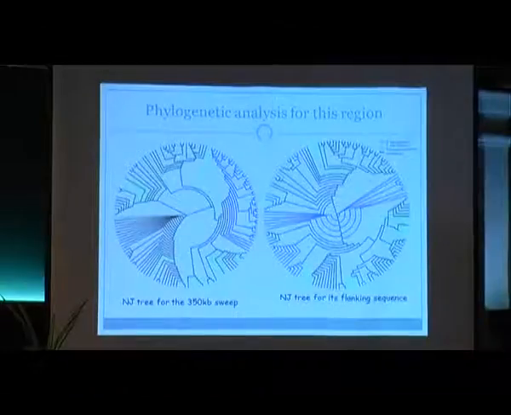When we use the 350 kb sweep region to construct the phylogenetic tree, we found that all of the T-type upland accessions cluster together to form a monophyletic clade. When we use its flanking region, the T-type upland accessions become scattered. So this result indicates the 350 kb region probably has a distinct genealogy, which means it may have been selected in upland rice breeding.